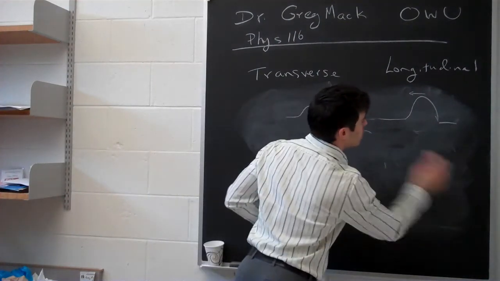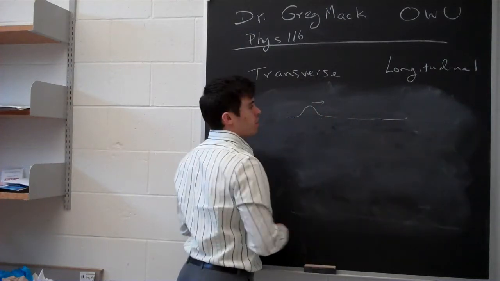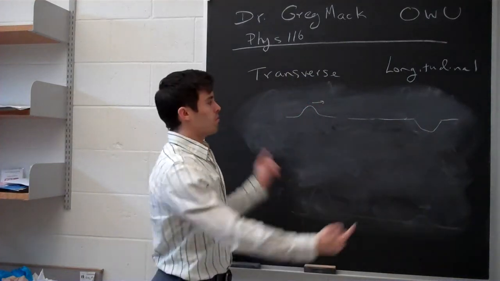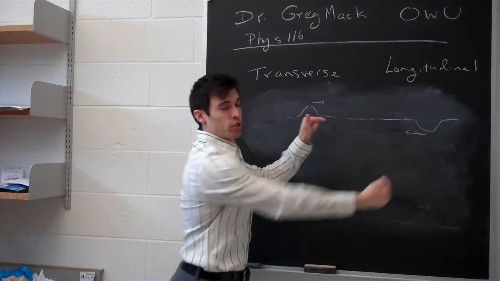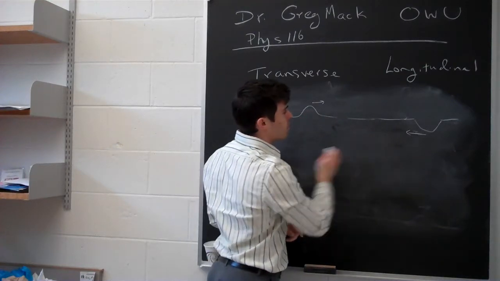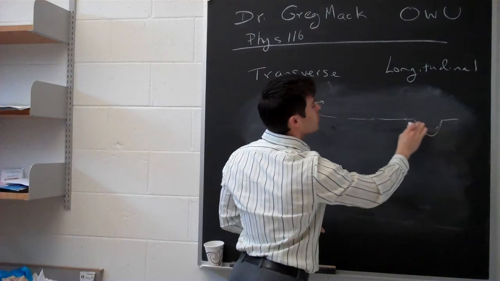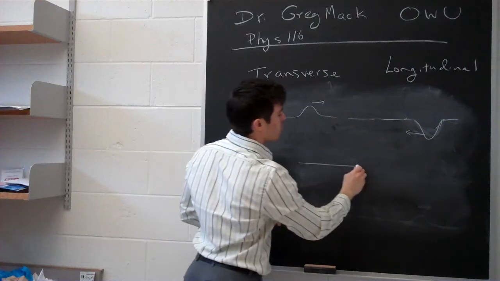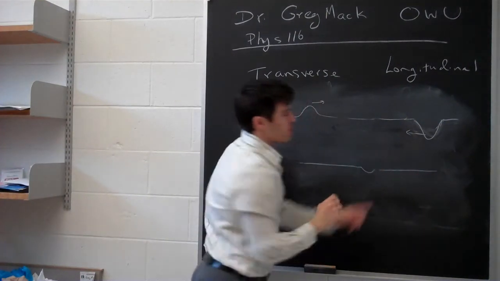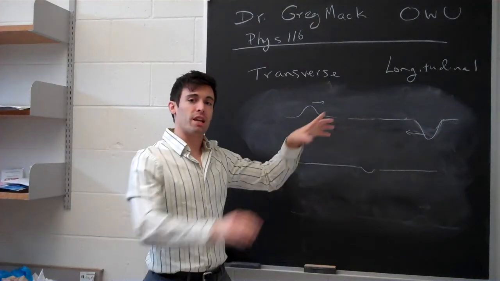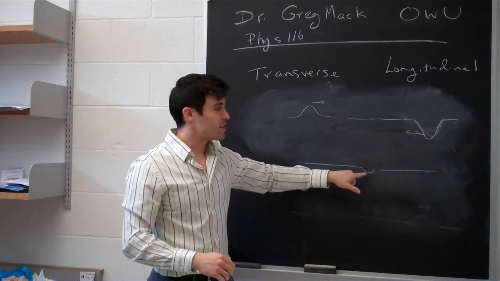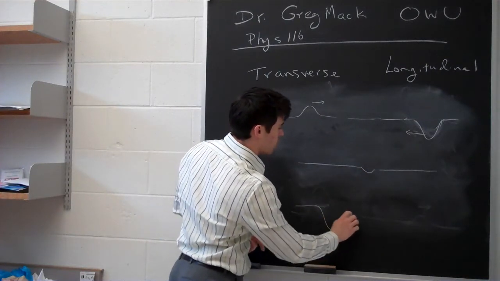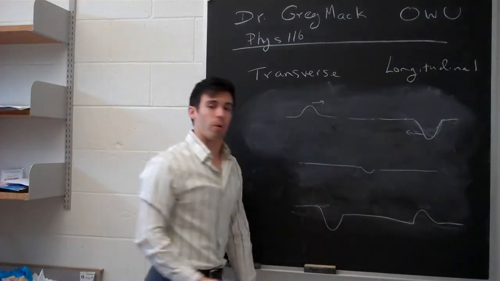If instead this person over here that's holding that end of the rope decided to put a wave in the other direction, then this would still move that way, this one moving the other way. When they came to the center, let's say this one was a little bit bigger still, then when they came to the center, because this one's somewhat bigger than this one, you're going to end up with a net below, so you're going to have a slight blip there, and then they will continue on their merry way, the way they were going.